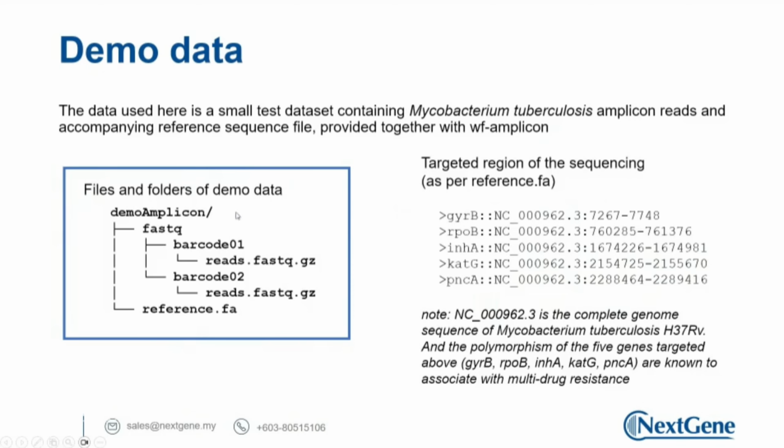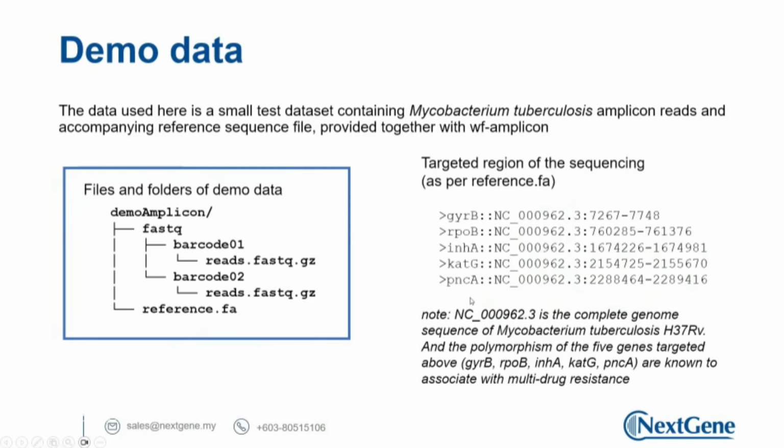Basically, this Amplicon data is sequencing data for multiple genes. The samples are Mycobacterium, and the sequencing has amplified the target genes, including GYRB, RPOB and some other genes.